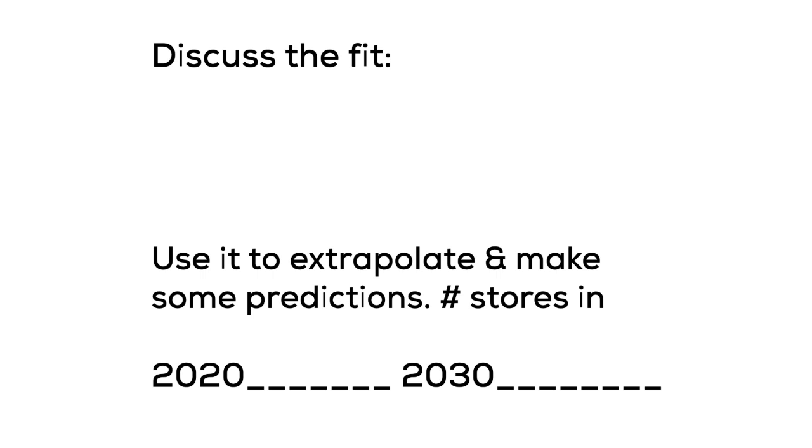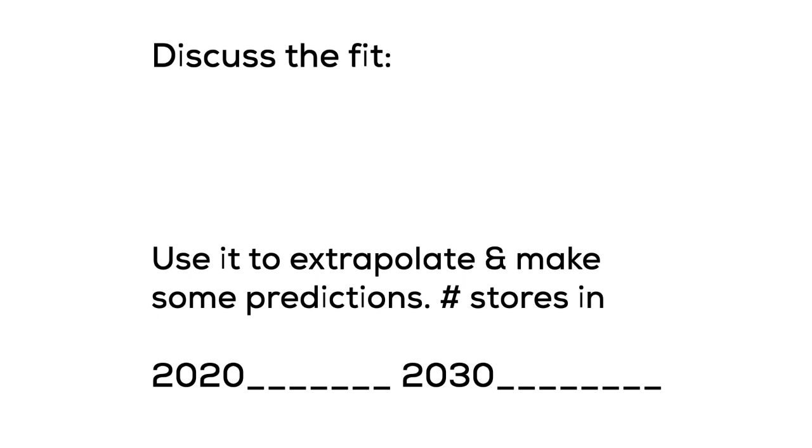So we then ran a regression, and you actually have this option in your calculator. When you run a regression, if you scroll down a little bit farther, you'll see logistic as one of the options. It is a messy looking equation, and I'm going to go ahead and write it so you can see what it looked like.